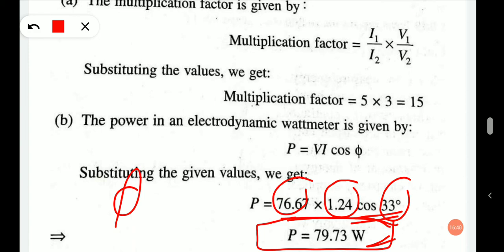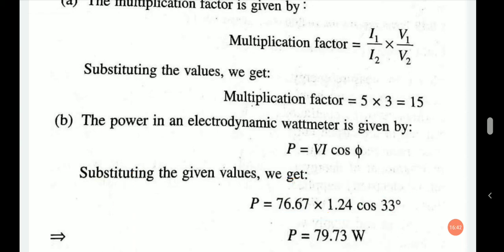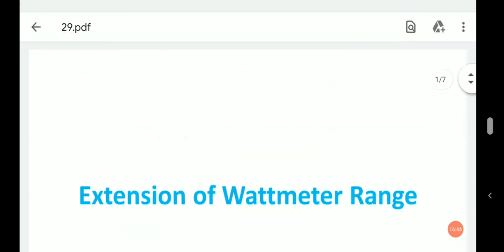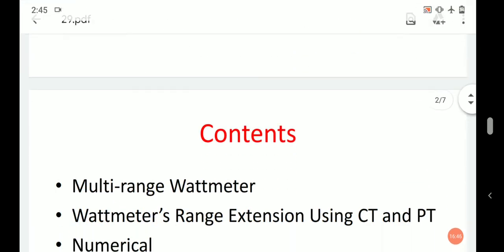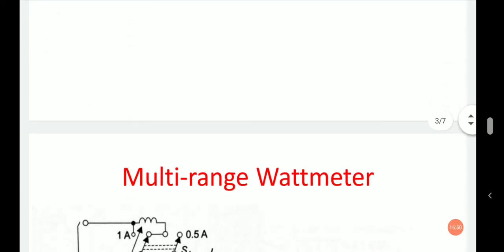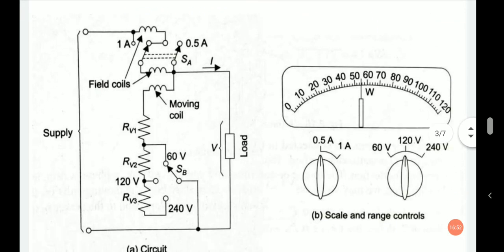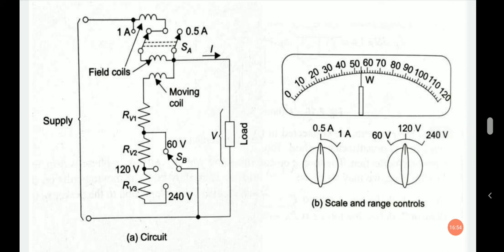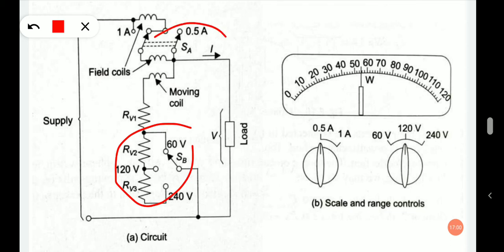Okay, so here in this video we have seen the multi-range wattmeter. Okay, here we have seen in multi-range wattmeter, options are there for voltage range and current range selection. There are two switches.